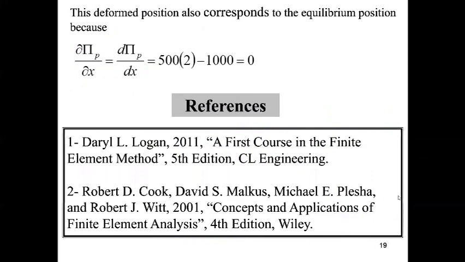This deformed position also corresponds to the equilibrium position, because if you substitute x equals 2 into the derivative of the Πp equation, you will get 0. In other words, the partial derivative of Πp with respect to x equals the total derivative of Πp with respect to x, and the result will be 500 times 2 minus 1,000. The result is 0. It means we reached the equilibrium position.